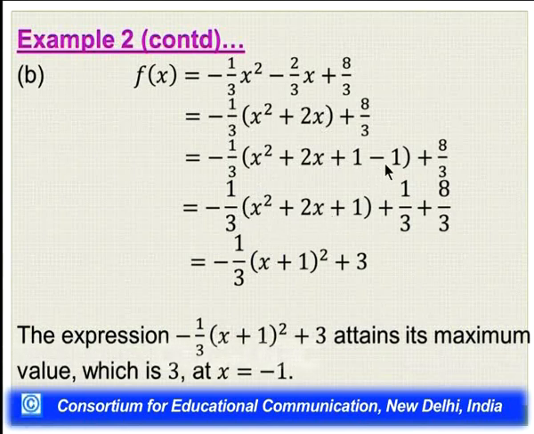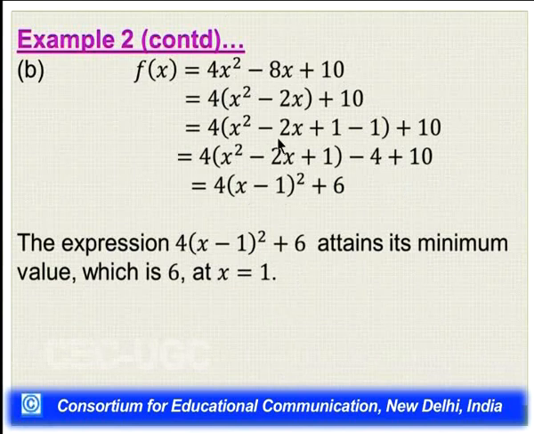And let's take this minus 1 out of the brackets, so I'll get plus 1 by 3, and then I obviously have my plus 8 by 3. Which then amounts to writing my function as minus 1/3 times (x plus 1) the whole square plus 3. And this is an expression that attains its maximum value, which is 3, at x equal to minus 1.